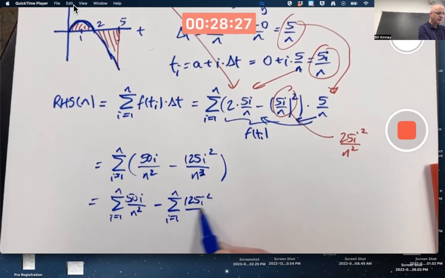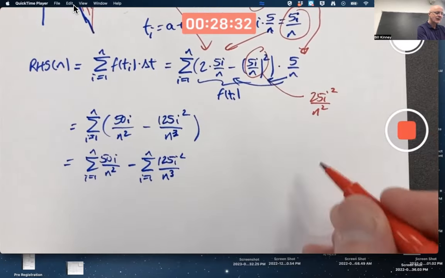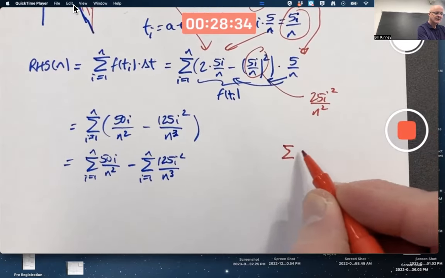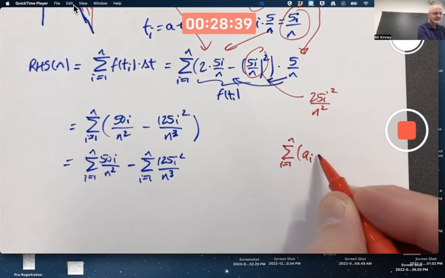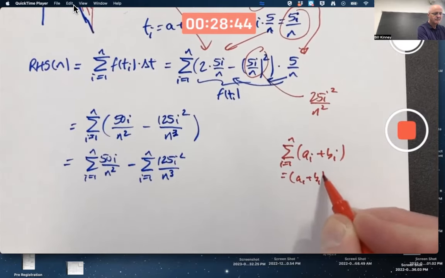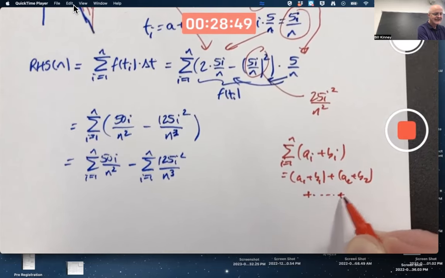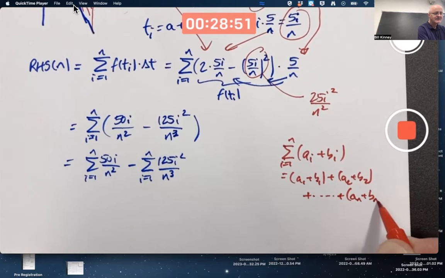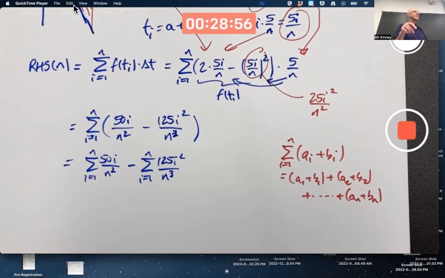Well, I'm not going to prove it. But effectively, if you've got something in general like this, the summation i goes from 1 to n of, say, ai plus bi, that means a1 plus b1 plus a2 plus b2, etc. The last one is an plus bn. And then because of the commutative property of addition, I can rearrange all those a's and b's. I can put all the a's together and all the b's together.